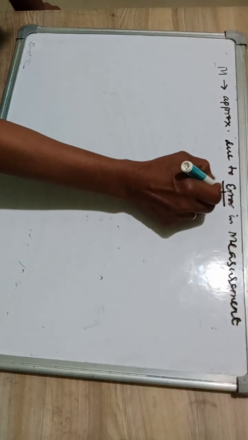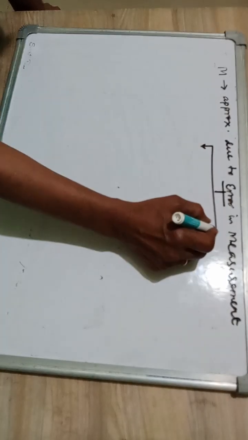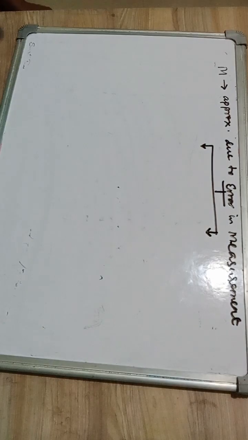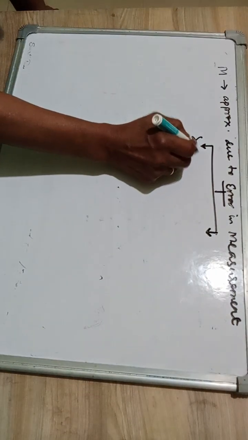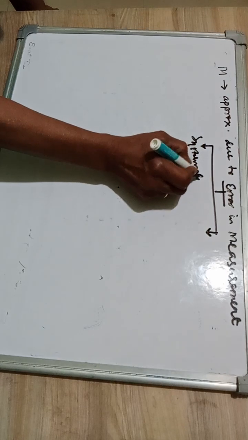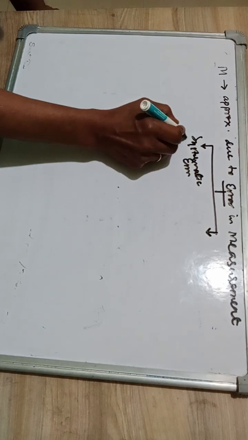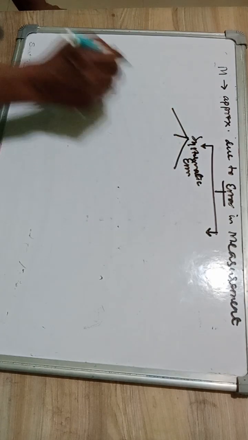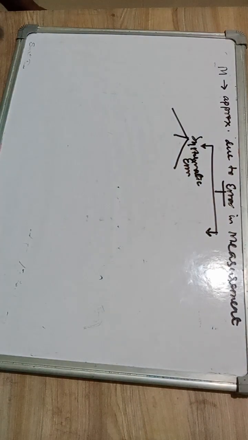This error can be of two types. If it is known or fixed type, it is systematic error. It may happen due to instrument problem, which is already known to us.